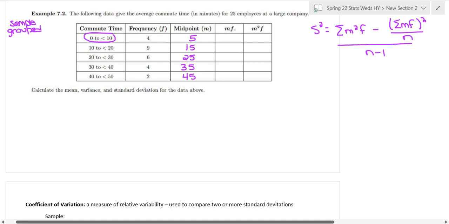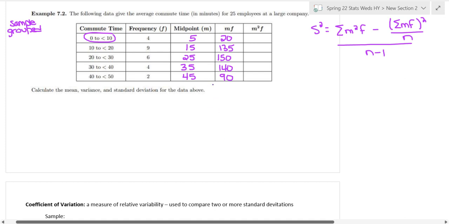Then you have MF, which is midpoint times frequency. So 5 times 4 is 20. 15 times 9, 135. 25 times 6, 150. 35 times 4, 140. And then 45 times 2 is 90.